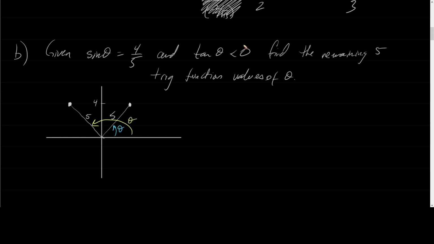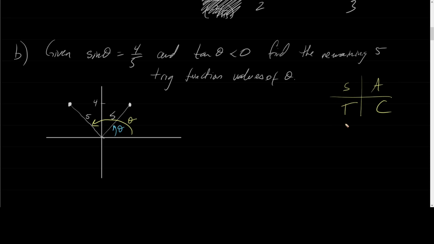Well, we've also got this information. We're told that tan theta has to be less than 0. If you go back to this thing right here, this tells you where each trig function value is positive, right? In the first quadrant, all of them are positive. In the second quadrant, it's just sine and its reciprocal, cosecant.